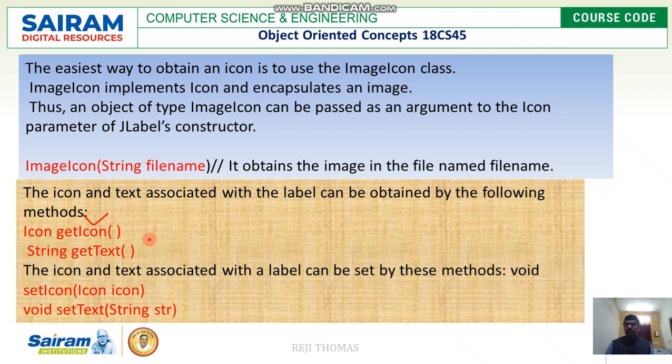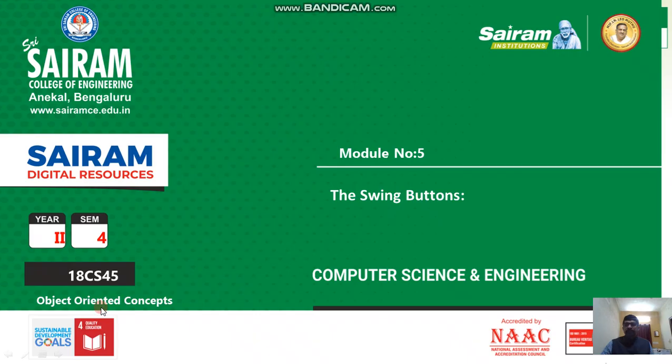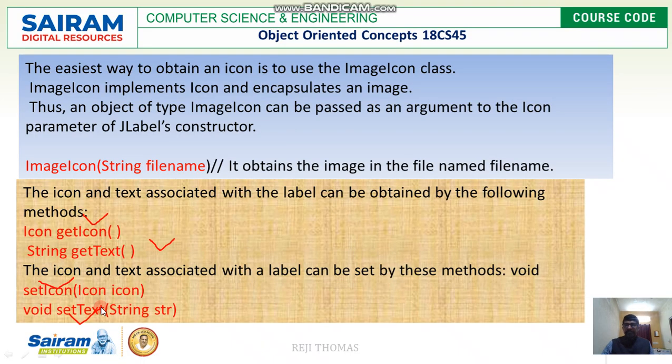So you have to remember two methods. The icon and text associated with a label can be set by two different methods. One is setIcon, the other one is setText.